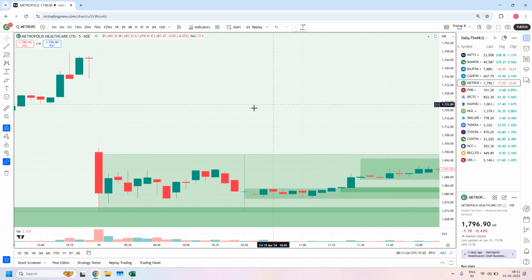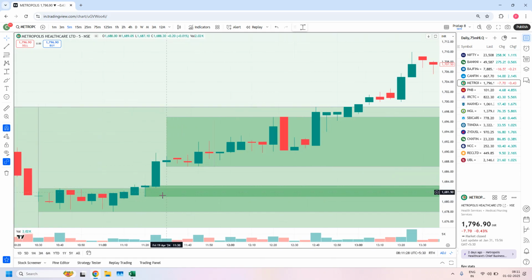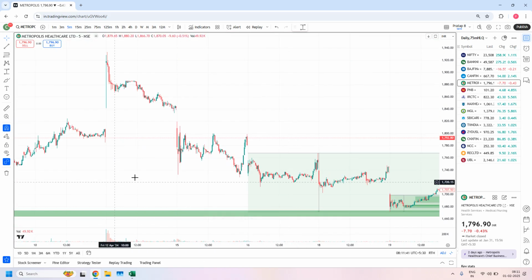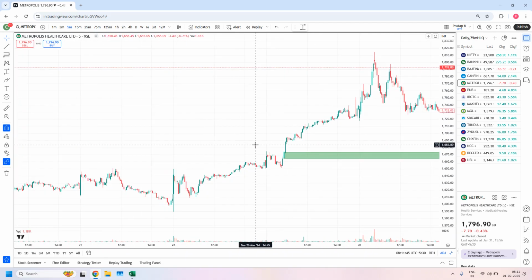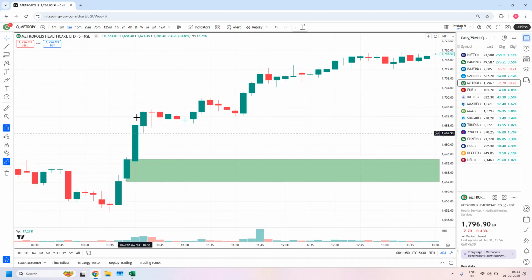Okay, here I have drawn another zone. Rally, base, rally. We have a rally candle, base candle, rally. This is a fresh zone. In this 15-minute zone, we have an order flow, fine-tuned. Okay, now this is the one I am talking about. See here. Between the two leg candles earlier, we have this rally, base, rally.